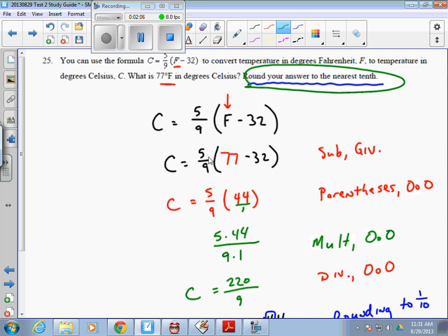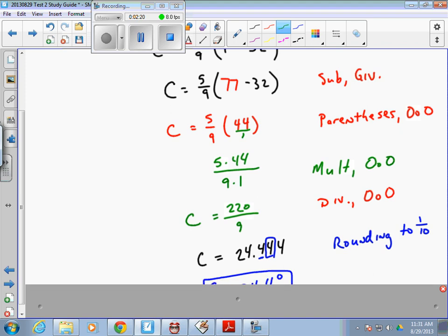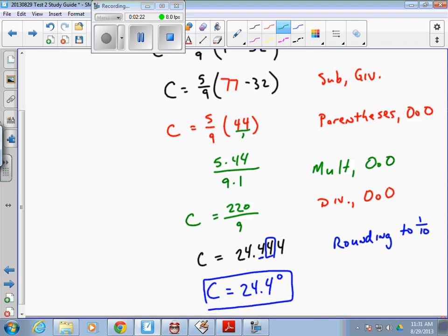So that's the digit right after the decimal. So that first 4, look to the number directly to the right of it. If it is 5 or higher, we will round 4 up. But since it is not 5 or higher, we'll leave it as 4. And our Celsius degrees is 24.4 degrees Celsius.